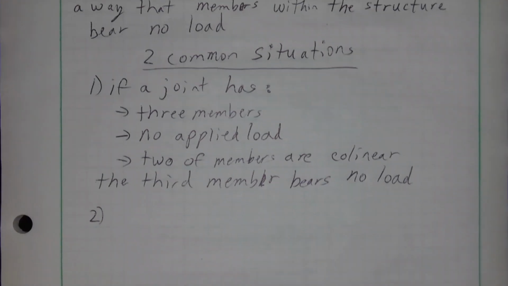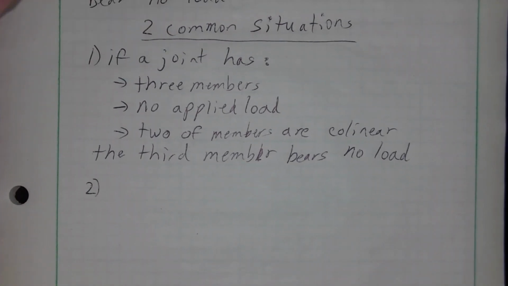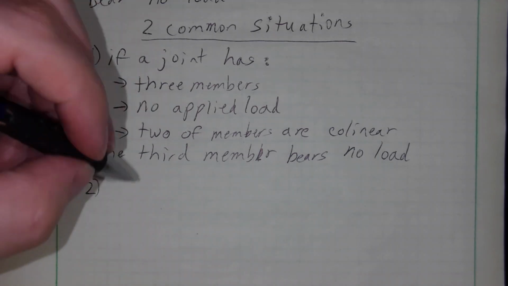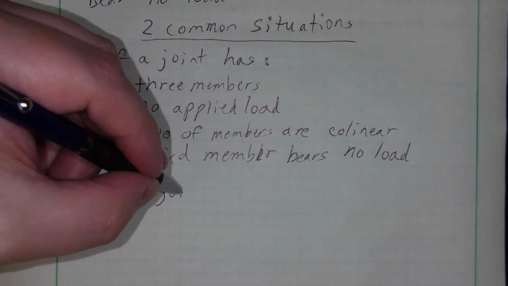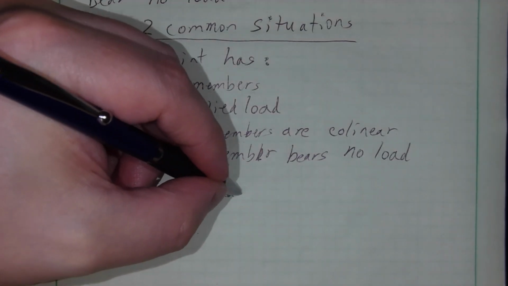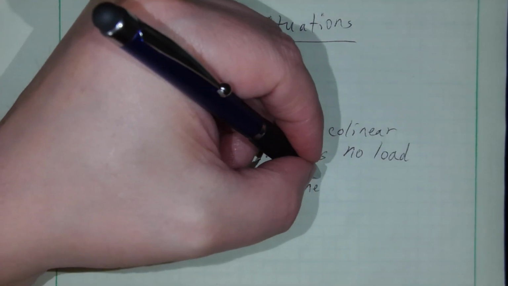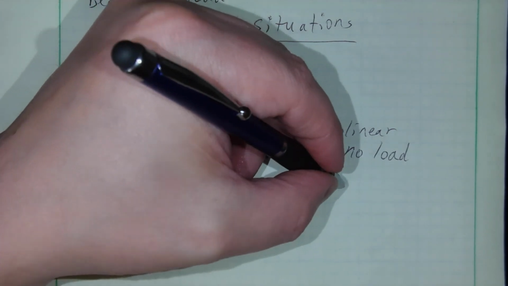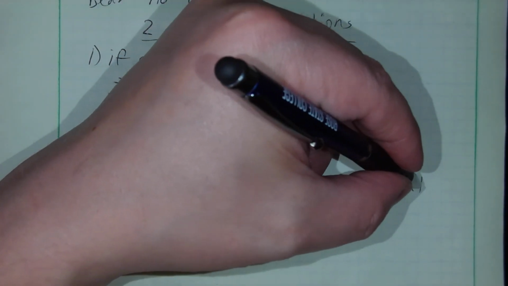The second situation, the second scenario you might encounter, where if you see it, then you can say, oh, well, that's a zero force member. If a joint has 2 members, no external loads.